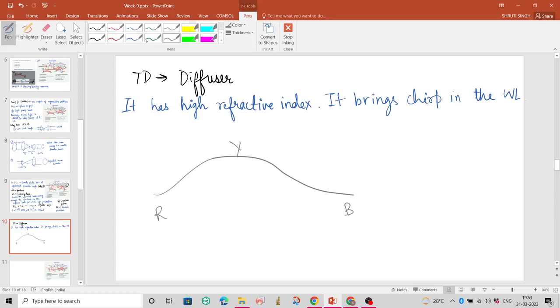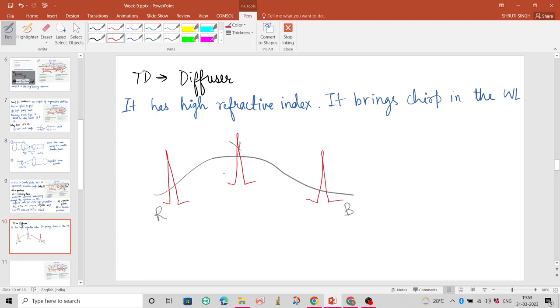So if the pump comes at this point, it will amplify the red part. If the pump comes at this point, it will amplify the blue part. The time at which these two beams come together, that part of the white light will get amplified.